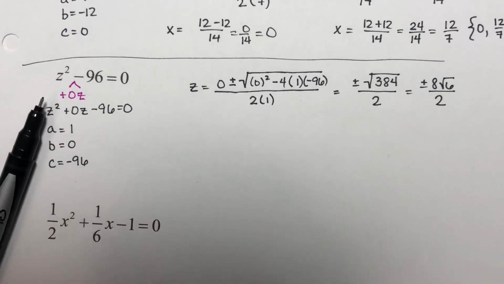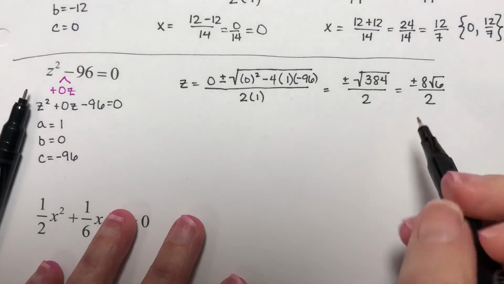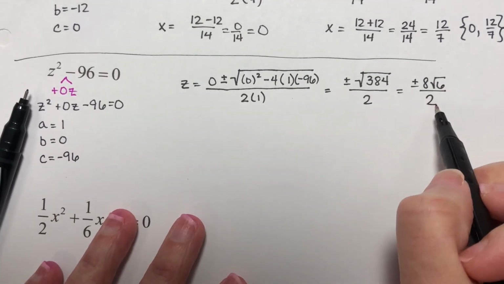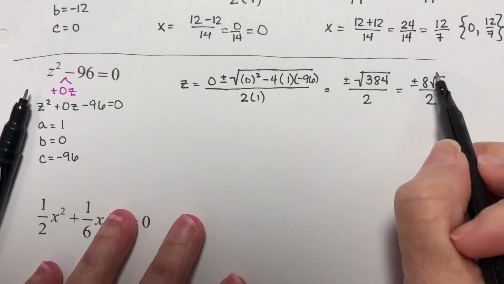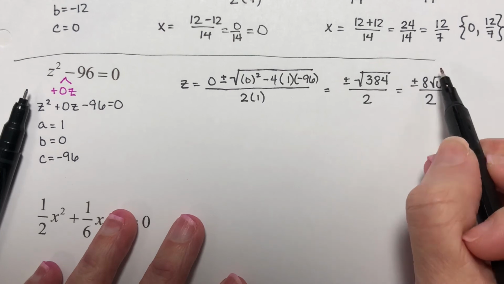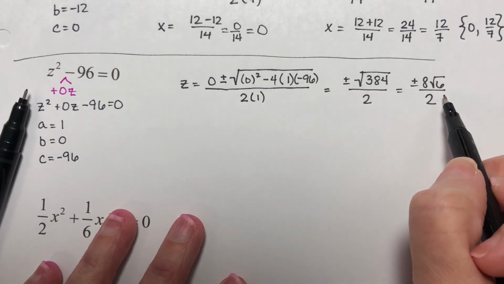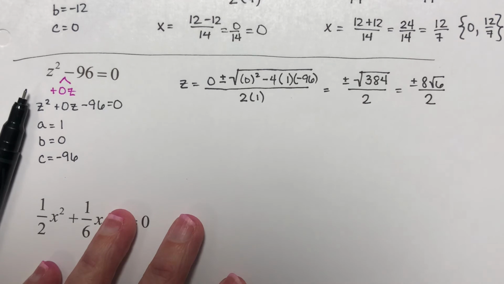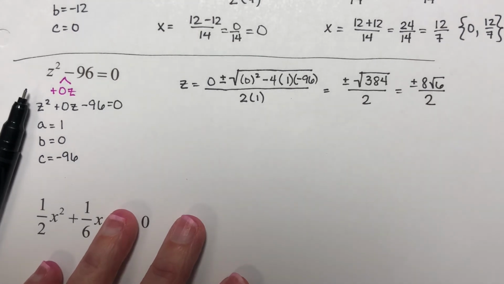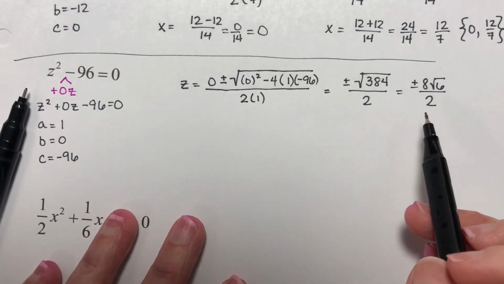Now, one thing you need to remember, and this can be tricky, we cannot reduce the 6 and the 2. This is not 6. This is the square root of 6, which is 2 point something. Let's see if I can find out what it is real quick. The square root of 6 is 2.449, and so on.